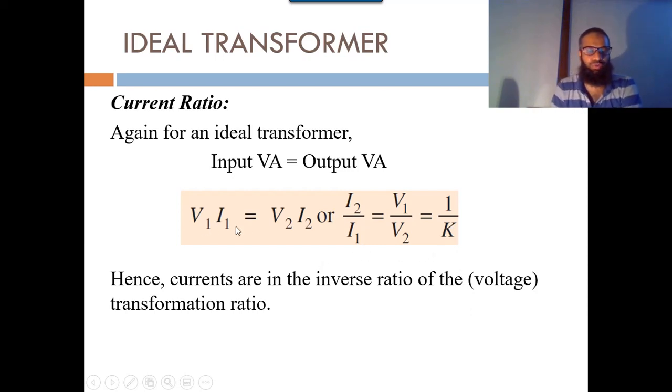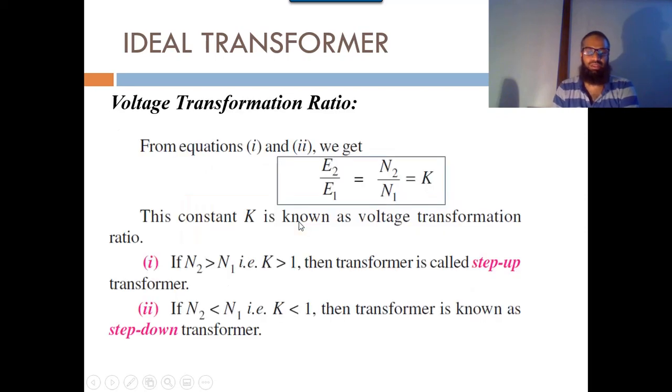So the output voltage and input voltage are dependent on the number of turns. In short, we can say that if the primary side number of turns is low and the secondary side number of turns is high, then it is a step up transformer, and in this case the K value is greater than 1.